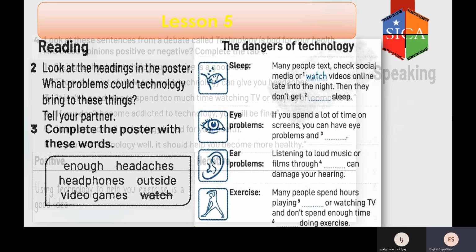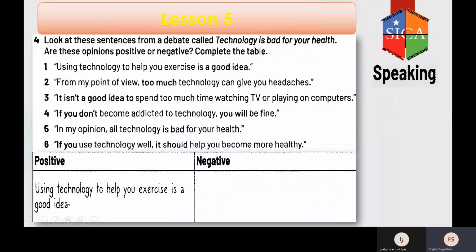And here is the last thing in our session for today. Look at these sentences from a debate called Technology is Bad for Your Health. Are these opinions positive or negative? Then complete the table. Do you know the meaning of positive?